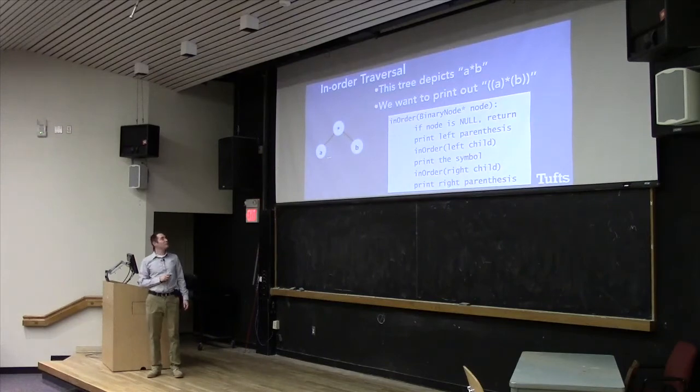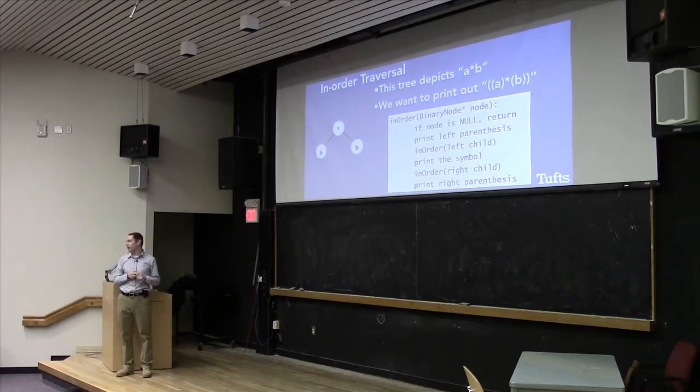If we want to represent this in infix notation, which is the way you normally think of arithmetic notation, we can print this out using a relatively straightforward algorithm. The only problem is it over-parenthesizes. It will come up with parenthesis, parenthesis A times parenthesis B, parenthesis.